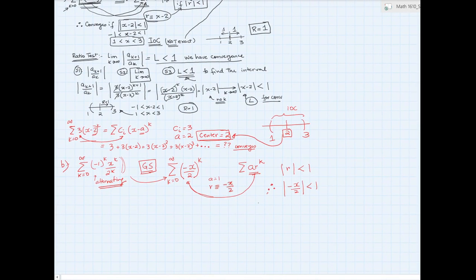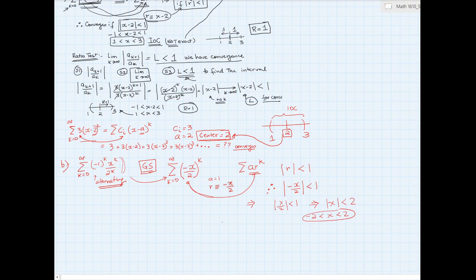So that means, now when you're taking absolute value, negative has no value to it, so I'm left with this, which means the absolute value of x is less than 2. So this means that x is between negative 2 and 2.